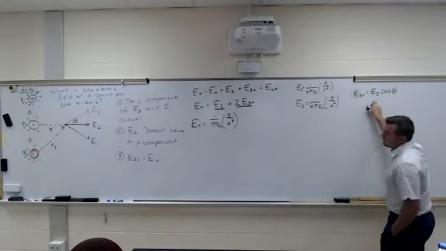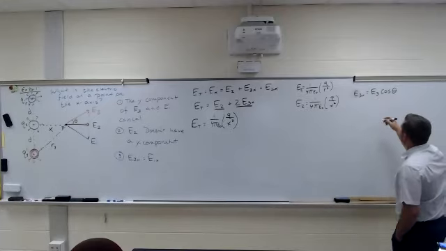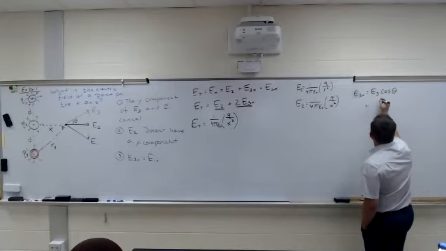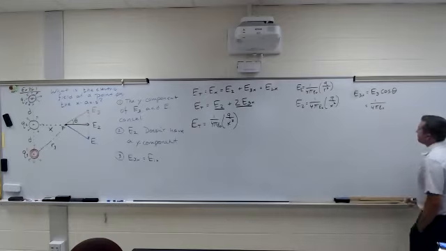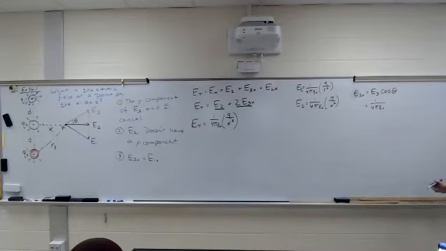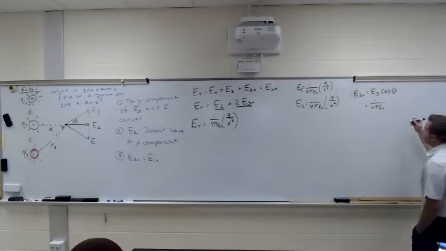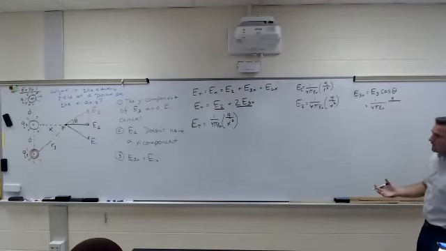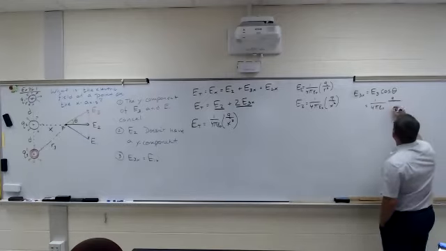We can substitute in for E3, right? Let's plug something in for E3. E3 is going to be equal to 1 over 4 pi epsilon times Q over our R value, which for this one we'll call R3.